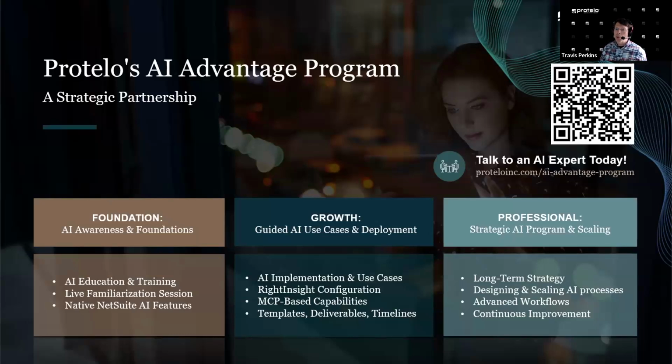If you look at some of these bullet points under foundation, this is where we've been in the last year with clients: just helping them understand that foundational level of AI, using AI, how it applies to NetSuite in that growth area, and really getting in and helping clients use RightInsight and adapting that environment for them to use more efficiently.